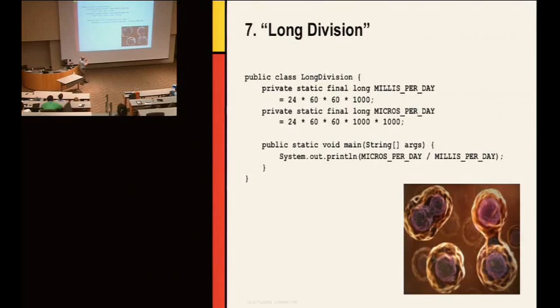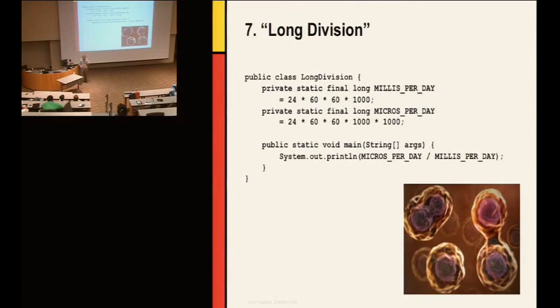It's the number of microseconds in a day. And it looks just like the first one, except we add one more factor, which is 1,000 for 1,000 micros per milli. Then we divide the number of micros per day by the number of millis per day. So we divide the big one by the little one. And what does it print out? Well, all this junk should cancel, and it should just print out 1,000.